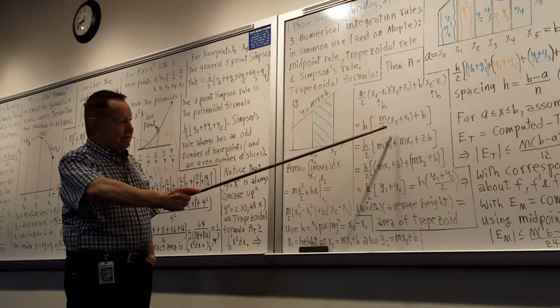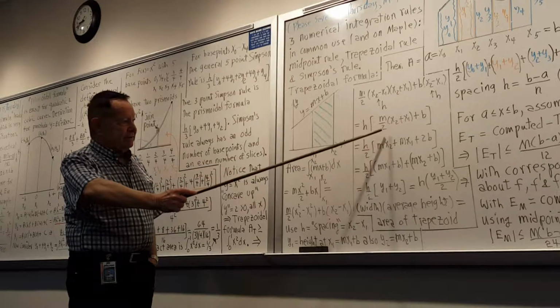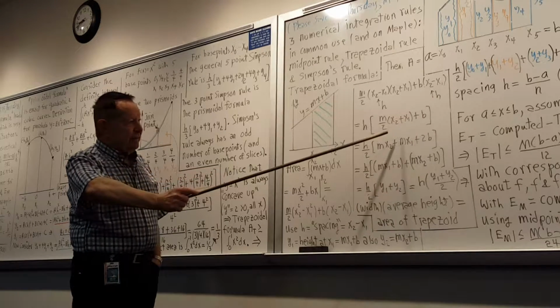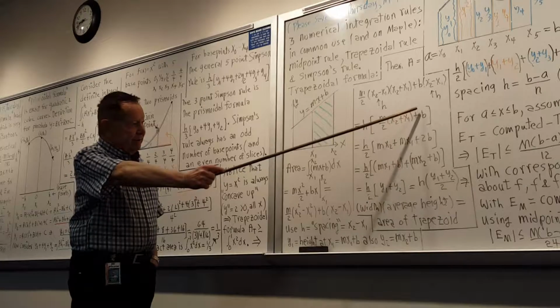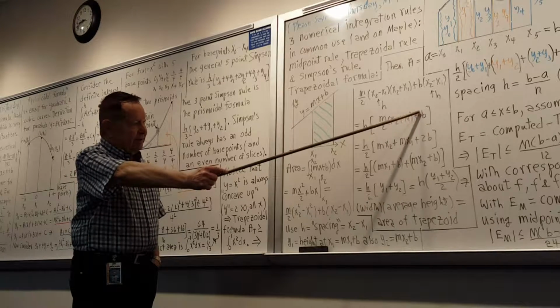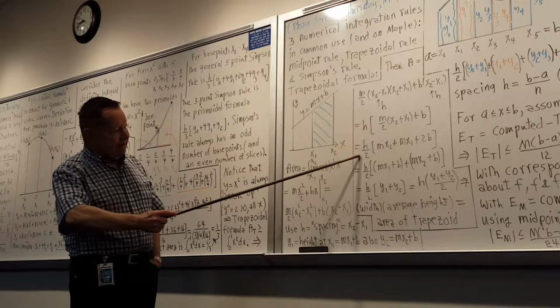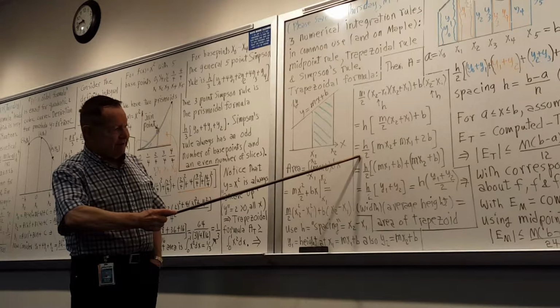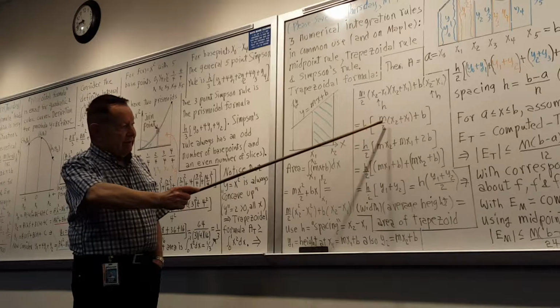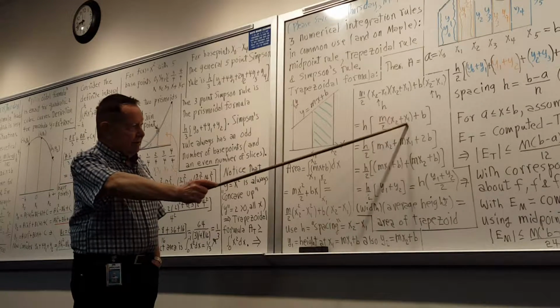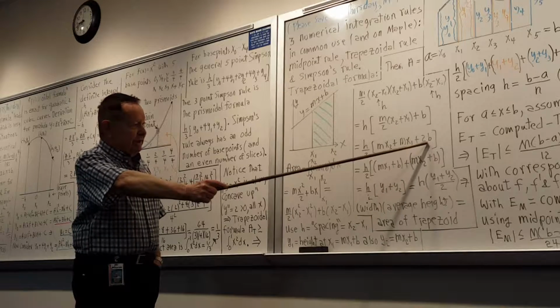So then what you can do is get a common denominator of 2. So multiply and divide over here by 2 and then factor that out. So now you have half your spacing of your base points, times mx2 plus mx1 plus 2b.